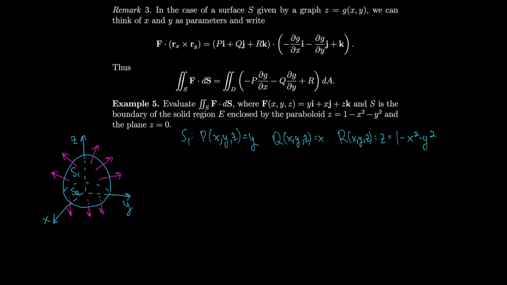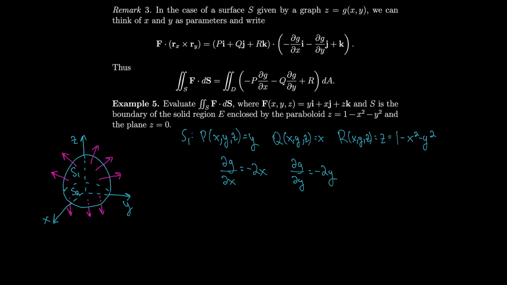Now we have everything in terms of x and y, so we can take the partial of our function g, as a function of x and y. The partial of g with respect to x is just minus 2x, because this guy will be 0, this guy will be 0. And the partial of g with respect to y will just be minus 2y.